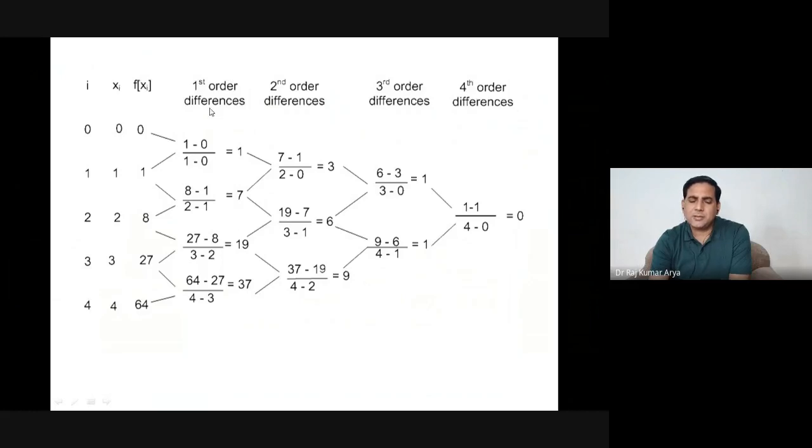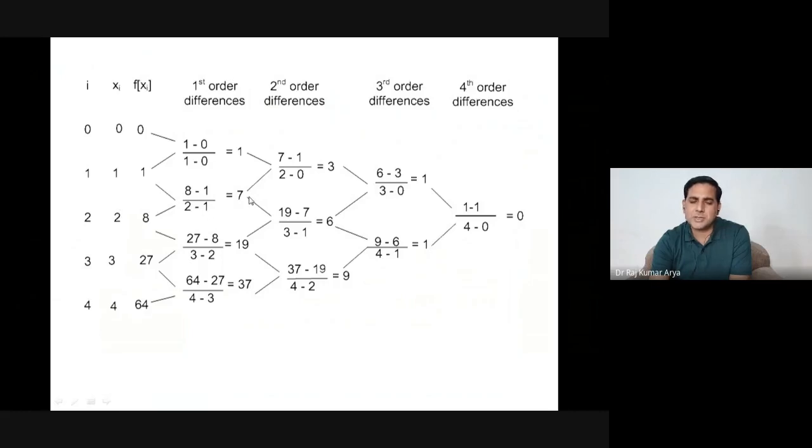Now you are calculating the first divided difference. How would you calculate it? This function value minus this, divided by this value of x minus this. So 1 minus 0 divided by 1 minus 0, you get 1. For the next two arguments, function values are 8 and 1, so 8 minus 1, and x values are 2 and 1, so 2 minus 1.